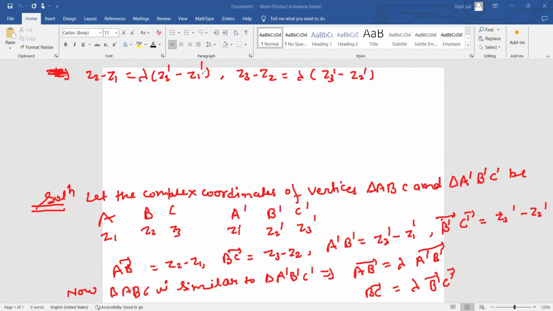Okay. So from here we get the value of lambda: Z2 minus Z1 upon Z2 dash minus Z1 dash equals lambda, and Z3 minus Z2 upon Z3 dash minus Z2 dash equals lambda.